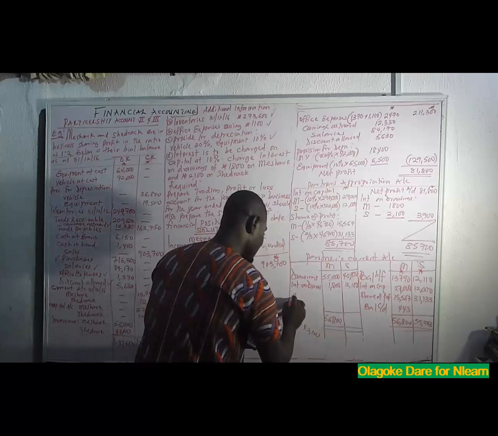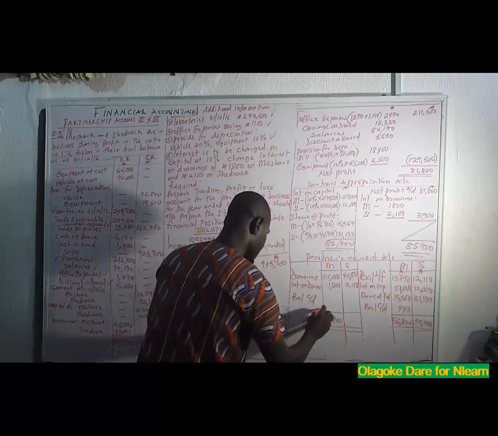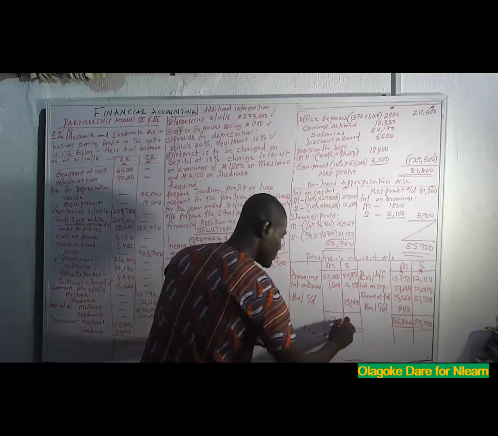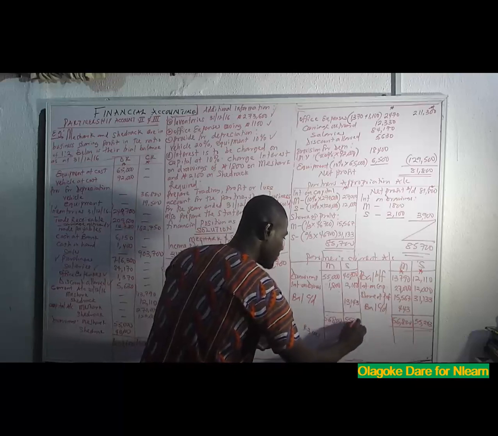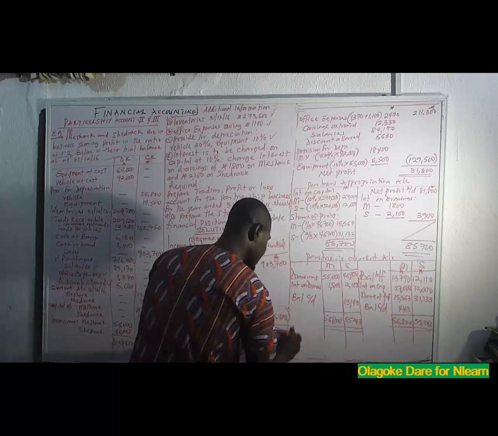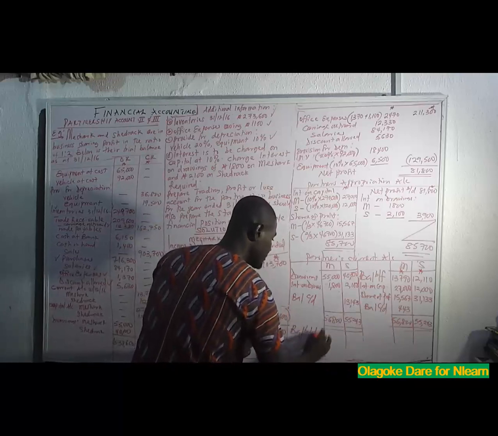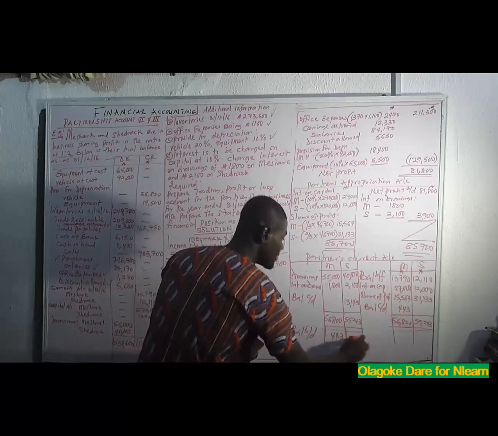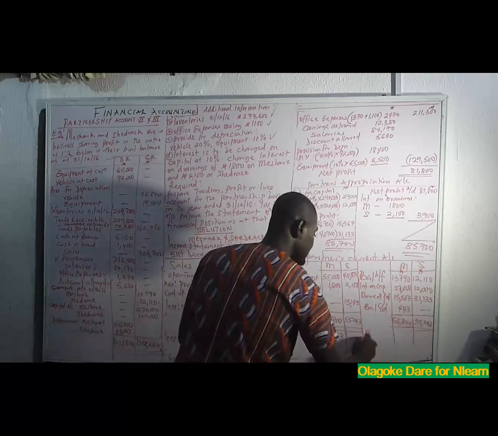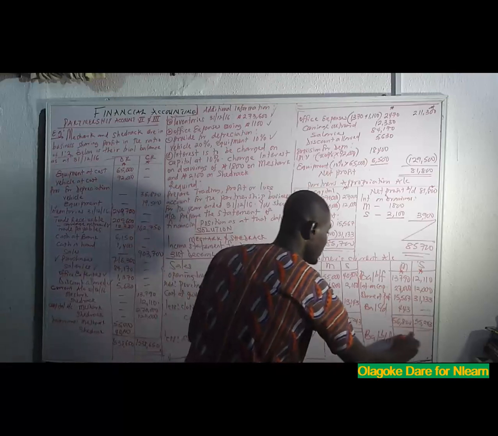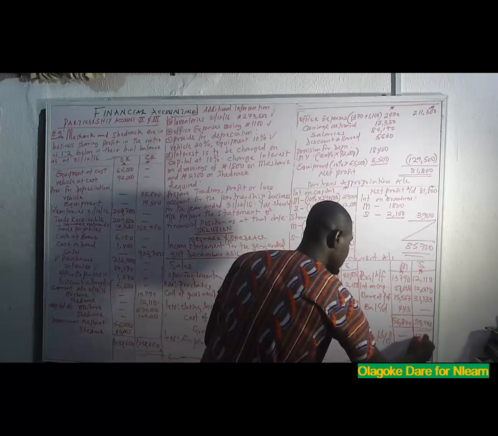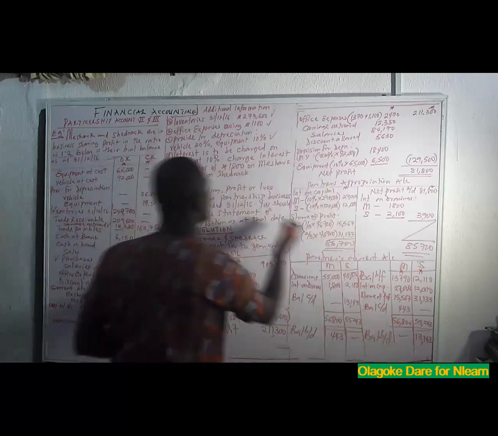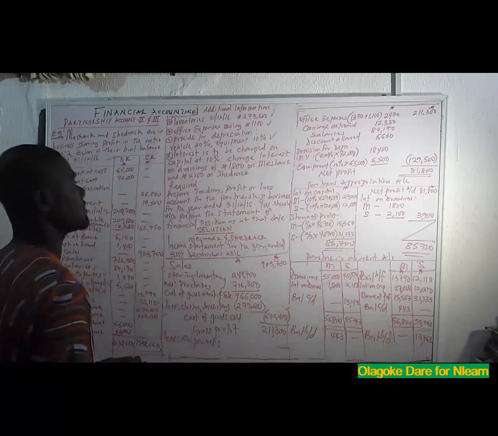So I have a balance carried down here, 13,143. Okay, so the total is 55,243. So I have balance brought down on both sides. Balance brought down for Meshach is 443, while balance brought down for Shadrach is 13,143. So with this, I have the current account balance that I will move to my statement of financial position.